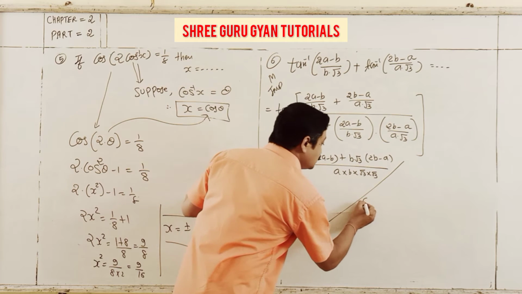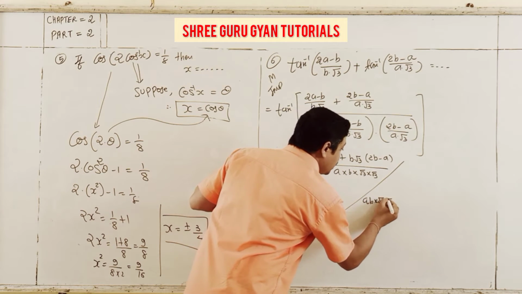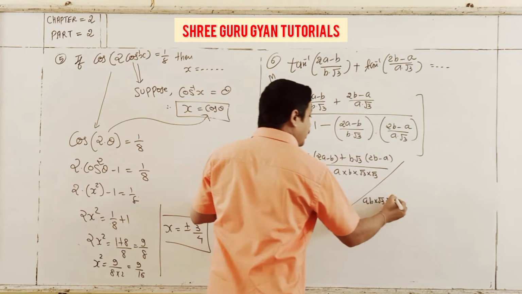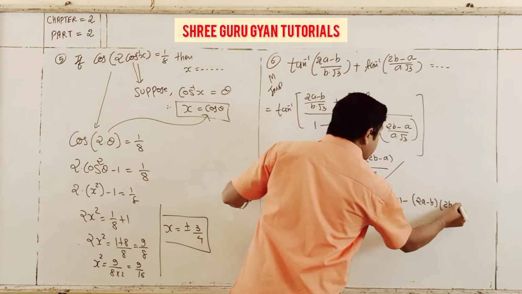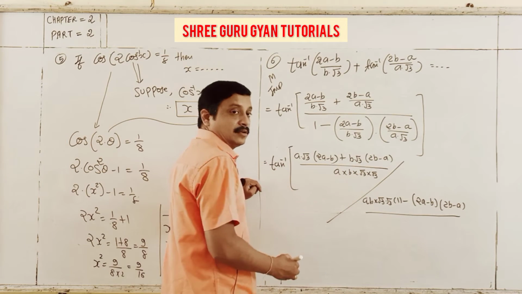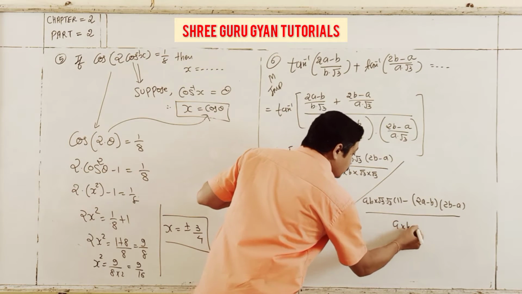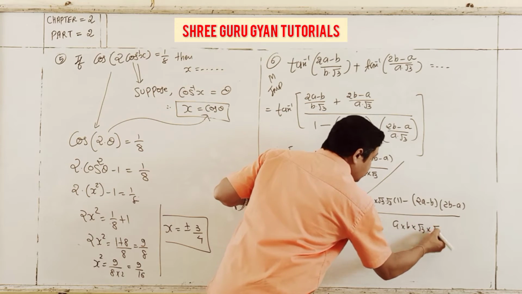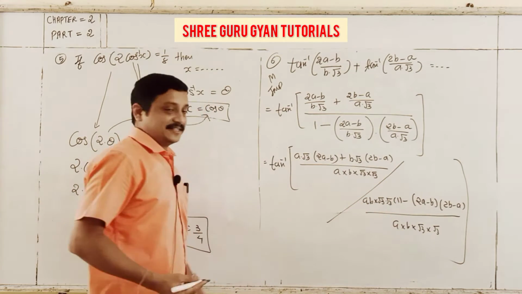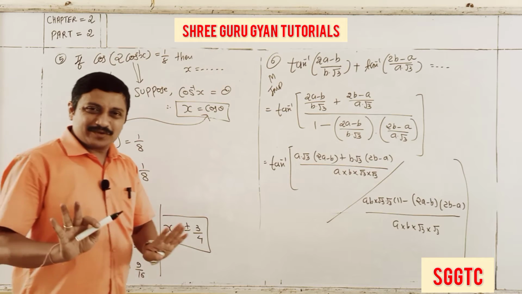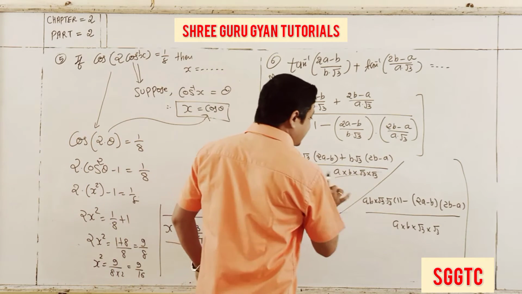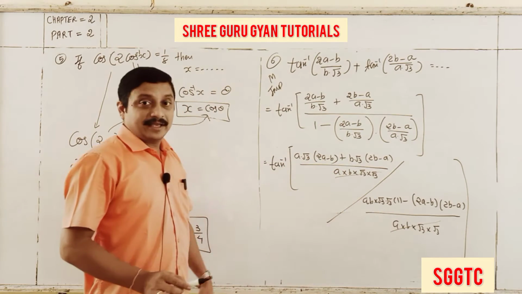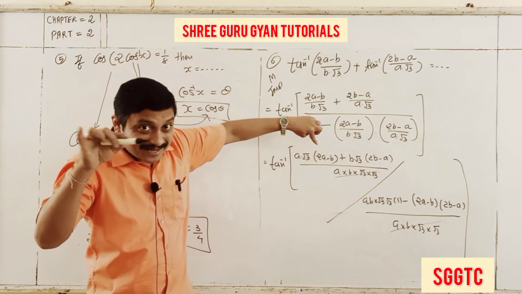So a into b into root 3 into root 3 with 1 minus (2a minus b)(2b minus a) upon the same a into b into root 3 into root 3. That is a big part. Don't worry, it all cancels after simplification. This cuts with that, and here just multiply inside.